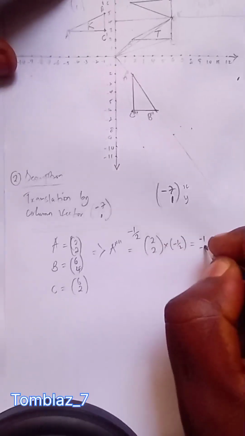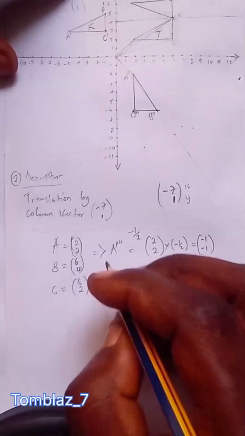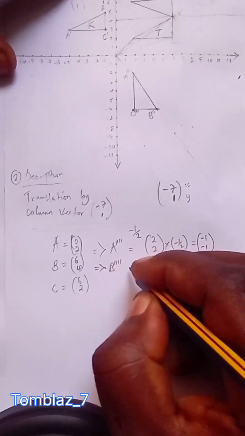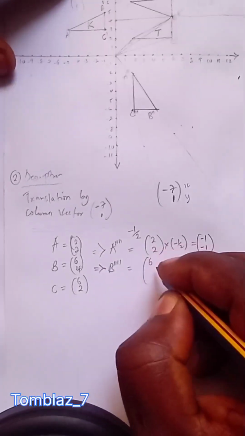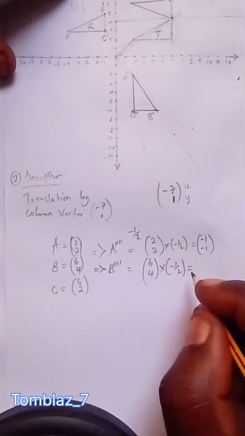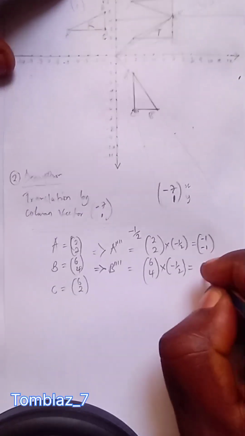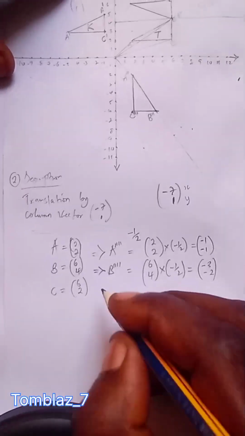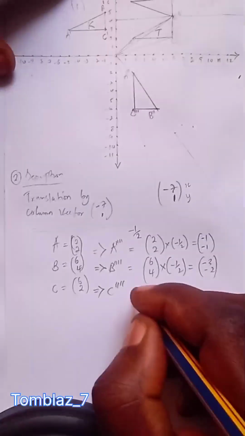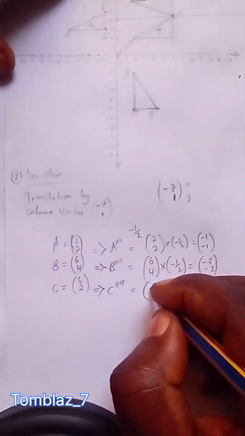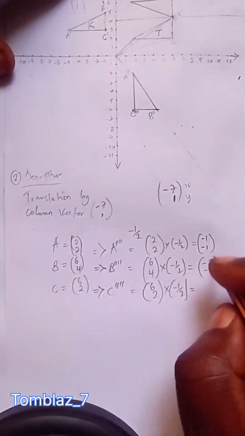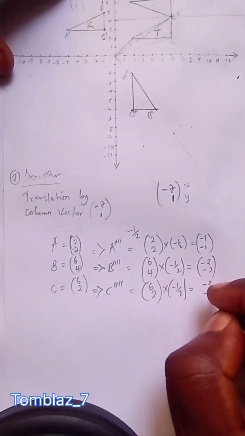This times this will give you -1, right? Okay, for B prime prime prime prime, we have 6, 4 times -1/2. So this is going to give you -3, -2. Then for C prime prime prime prime, it's going to give you 6, 2 times -1/2. So that gives you -3, -1.